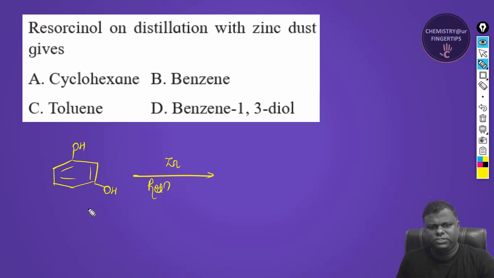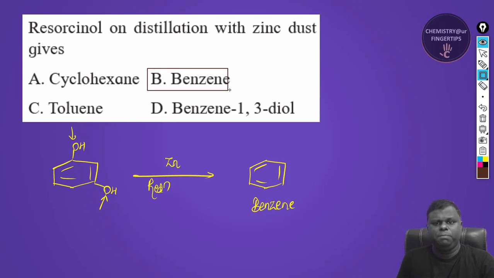That means removal of these two oxygens, and as a result of which you get benzene. Pretty much simple, correct? So in this case, you get benzene. So it's pretty much evident that the correct answer is obviously B.